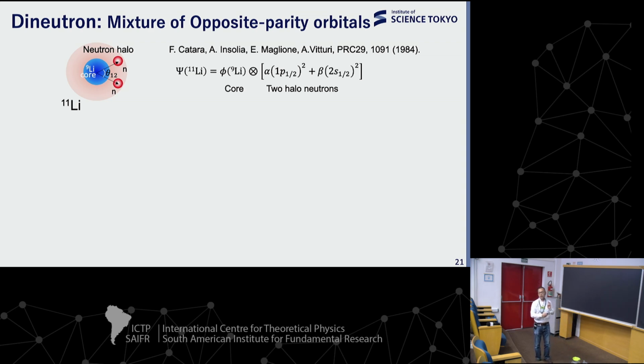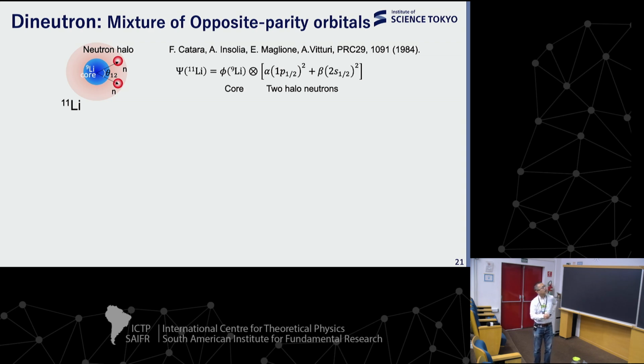Still, we need some work, but one important fact is that the mixture of opposite parity orbitals plays an important role. Okay, so in the case of lithium-11, we know that lithium-11 has two main components: the lithium-9 core coupled to p1/2 neutrons or s1/2 neutrons.